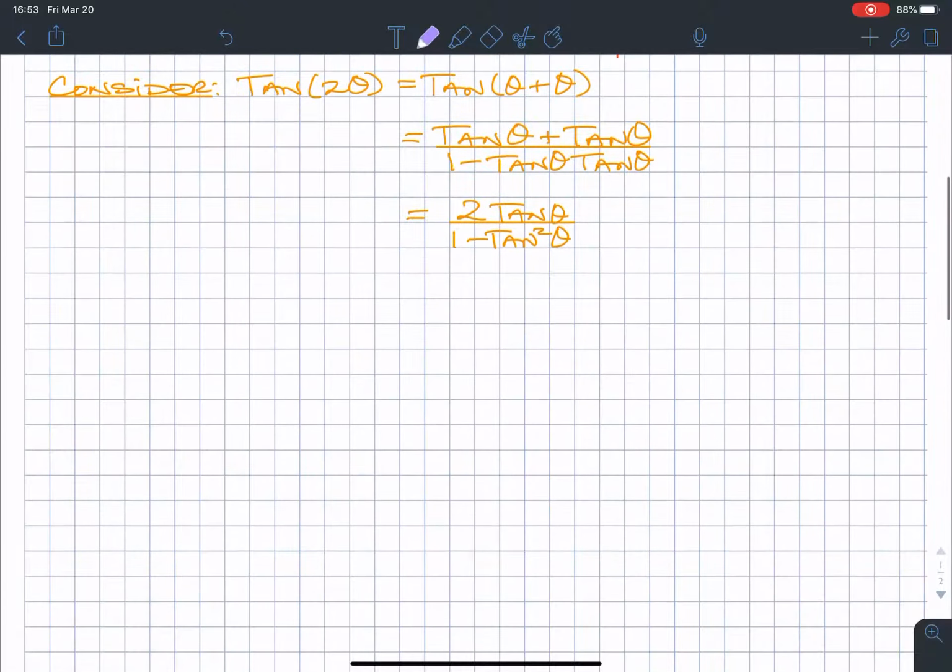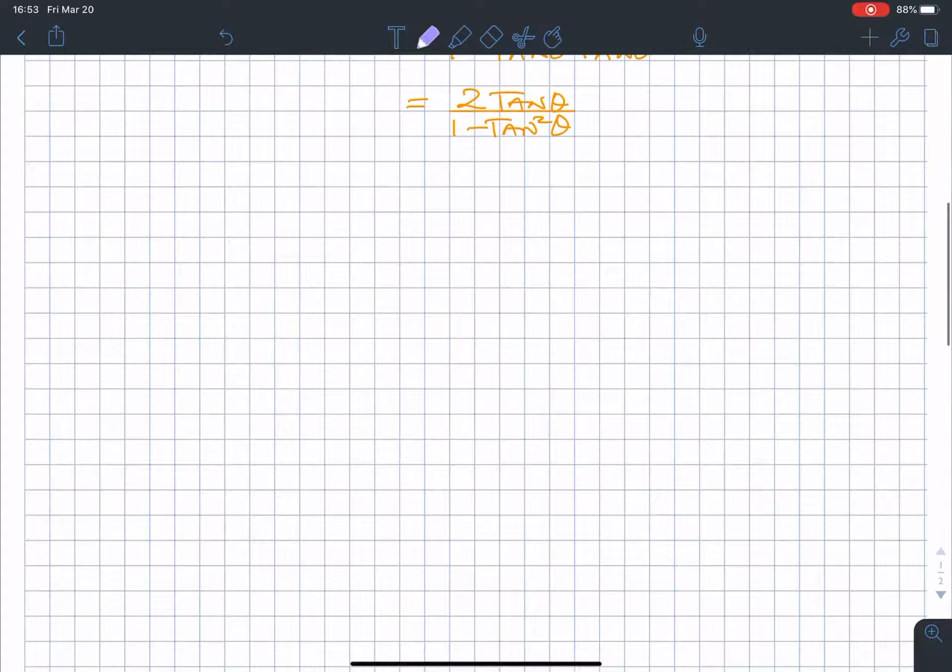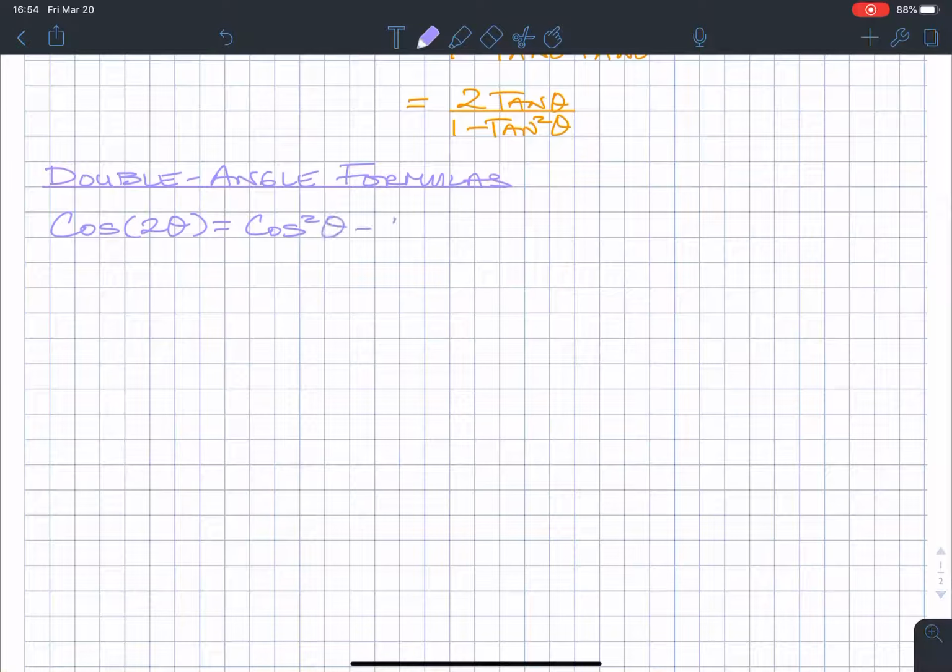Okay, so let's recap all of this. The double angle formulas. So we have cosine of 2 theta is cosine squared theta minus sine squared theta.